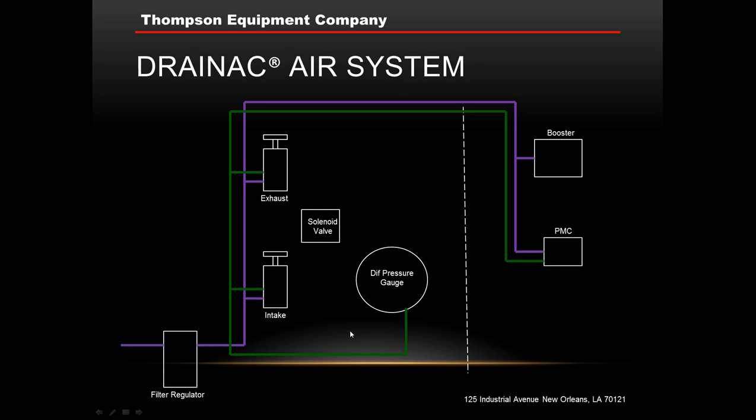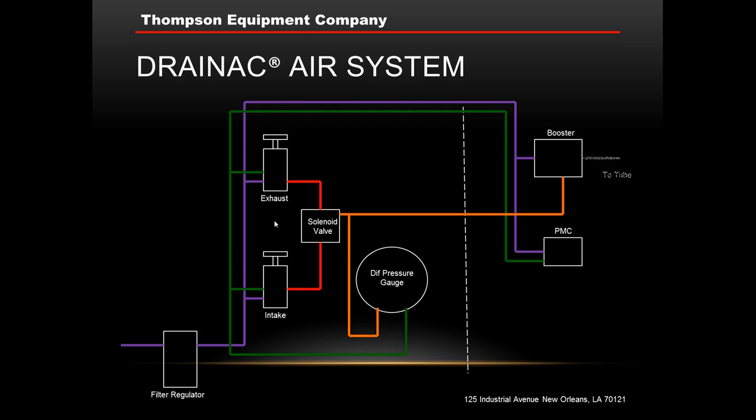The intake and exhaust regulators are set as part of your commissioning effort to specific pressure levels, either above or below the stock line pressure. And the outputs of those regulators are sourced to a solenoid valve.